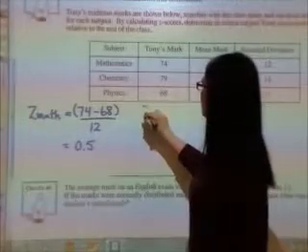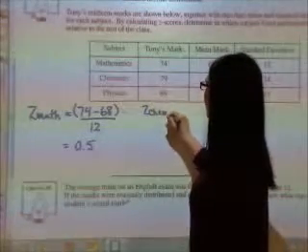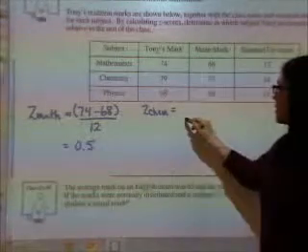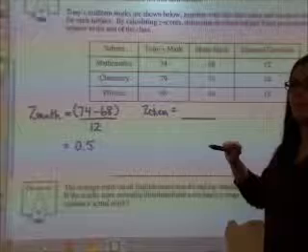So if we look at Tony's chem mark, the Z-score for chem would equal, so what would I write on the top for my formula?